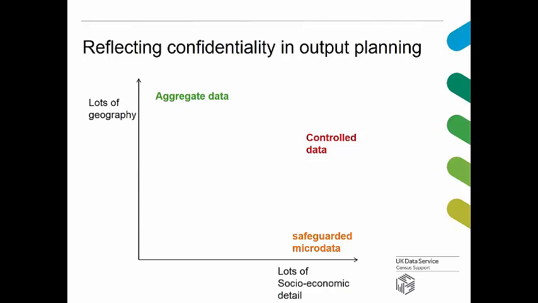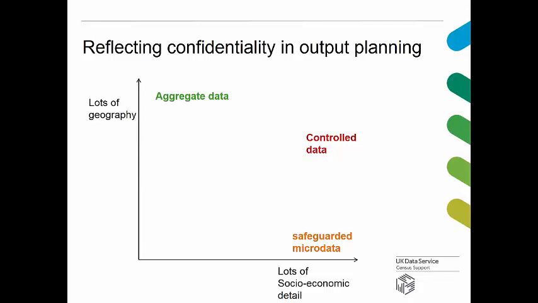So confidentiality is critical in deciding about the sort of outputs that can be released, and the level of detail is critical. So you might be able to get lots of information about where someone lives, or you might be able to get lots of information about their socioeconomic characteristics, but what you're not going to get is lots of detail about both, because then that's potentially identifiable.